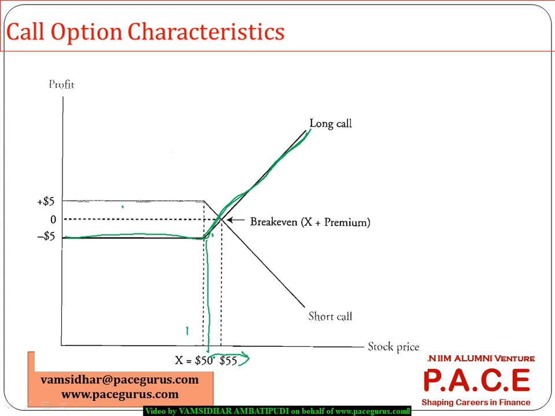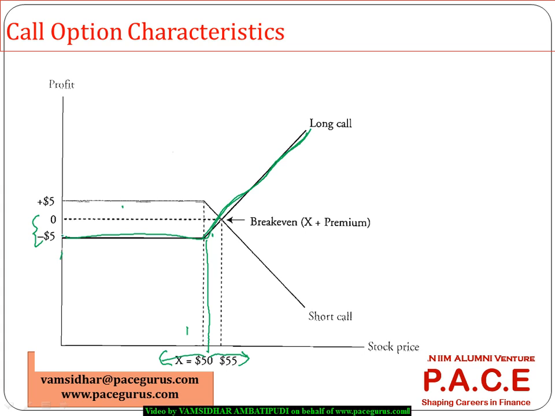But if the market price is below 50, he will not exercise the call option, because a call option is to buy the security in future at $50. The market price is below $50, so he will not exercise the call option, because of which he will expire it. So the maximum loss for him is to the extent of the premium that he has paid.